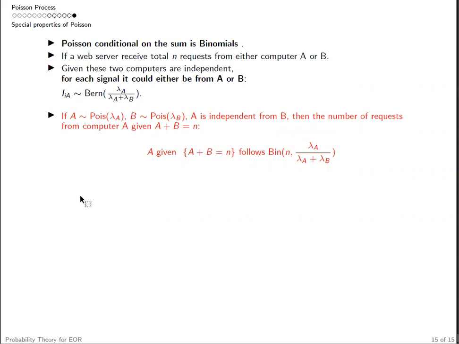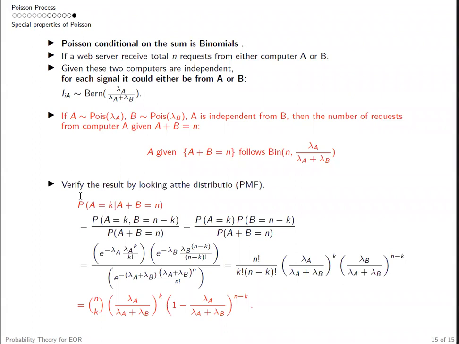Again, to prove this result, we only need to verify the distribution. Since this is a discrete random variable, we only need to look at the PMF. So what is the probability of having k requests from computer A given the total requests from A and B equal to n?